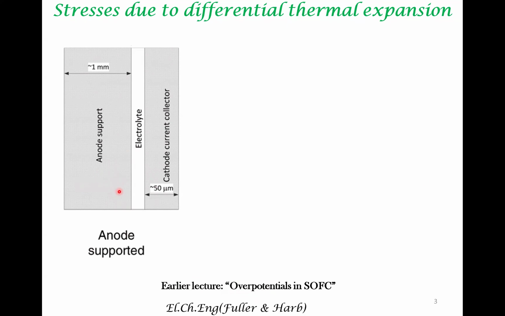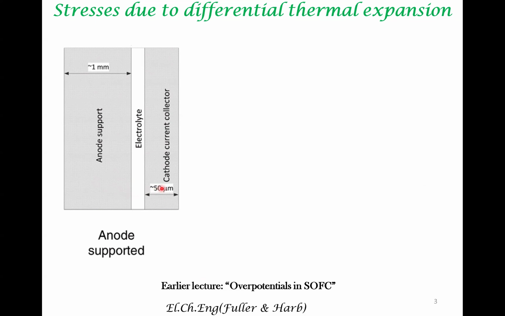So here, the thickness of the anode is much more than thickness of electrolyte as well as the cathode. Because the solid oxide fuel cell operates at a fairly high temperature, let's say 800 degrees centigrade, when the temperature is raised, the anode expands, and the expansion of the anode is pretty much unimpeded by the expansion of the electrolyte and other components.